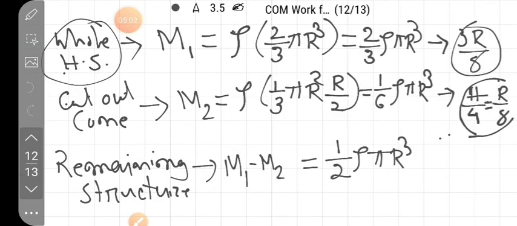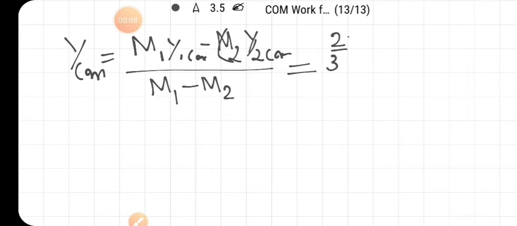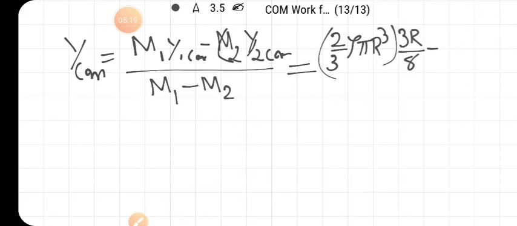m1 is equal to 2 by 3 rho pi r cube and 3r by 8. We'll have 2 by 3 rho pi r cube into 3r by 8 for the solid hemisphere, minus this cone.